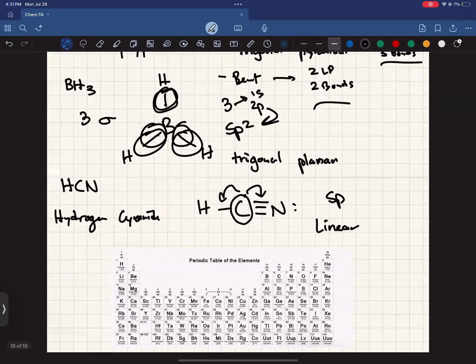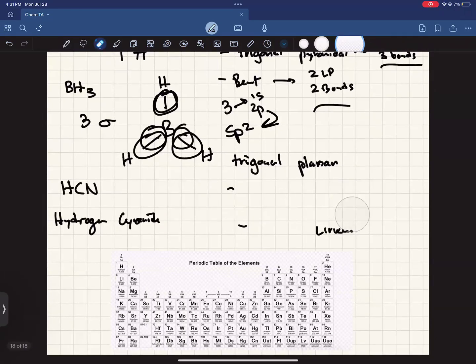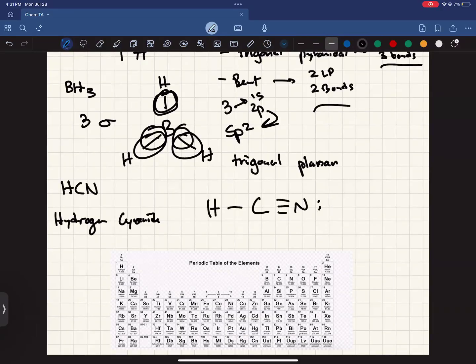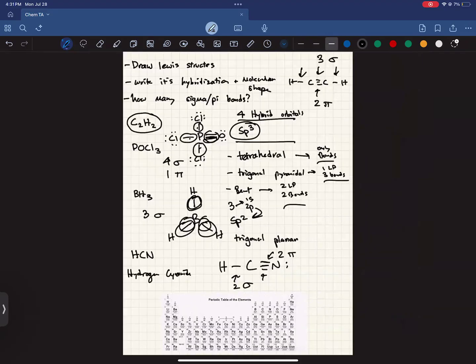Same. And then this one here, HCN, we have 2 sigma bonds and then 2 pi bonds there. Any questions about what I just did here?